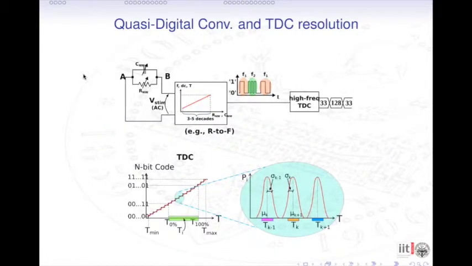This approach is low power because it can be conceived using low complexity architecture, mainly based on oscillators. So the value of resistance and capacitance are converted to a specific frequency value and then converted using a high frequency time to digital converter to n-bit representation.